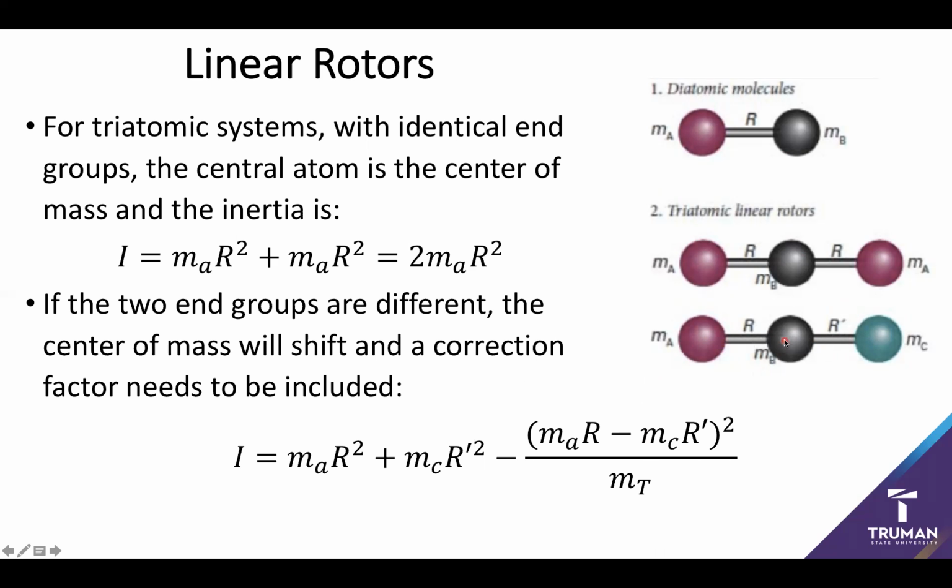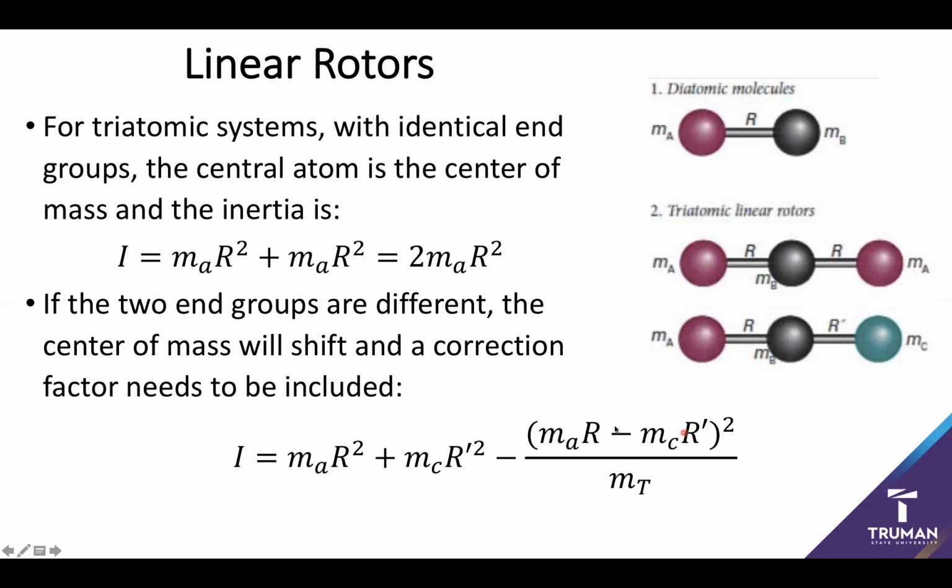So what we say is that if atom A is heavier than atom B, then we'll have an extra correction factor that accounts for the center of mass shifting towards mass A, which is, by the way, going to always reduce the moment of inertia, because rotating about the center of mass will always have a lower moment of inertia than rotating about any other point.